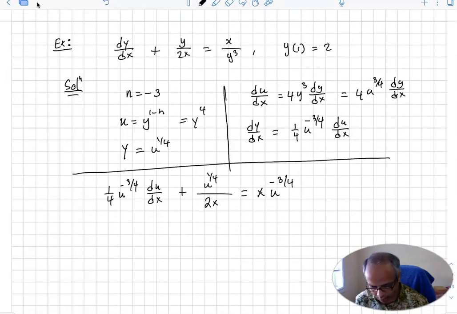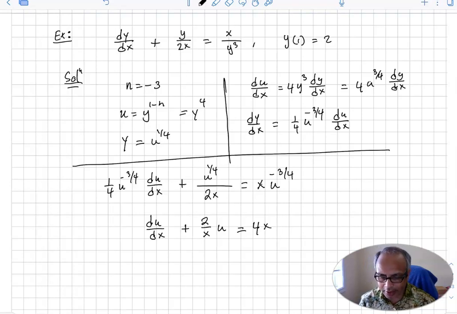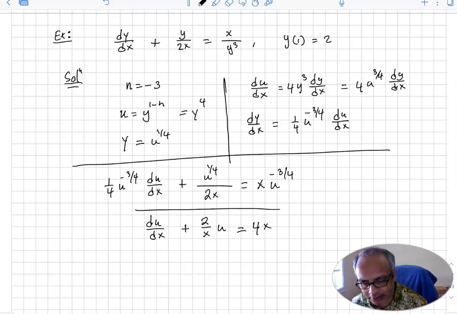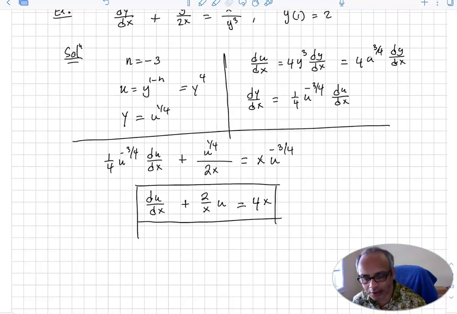Okay, good. So now we have this Bernoulli equation in the form of a linear differential equation, for which you can find an integrating factor.